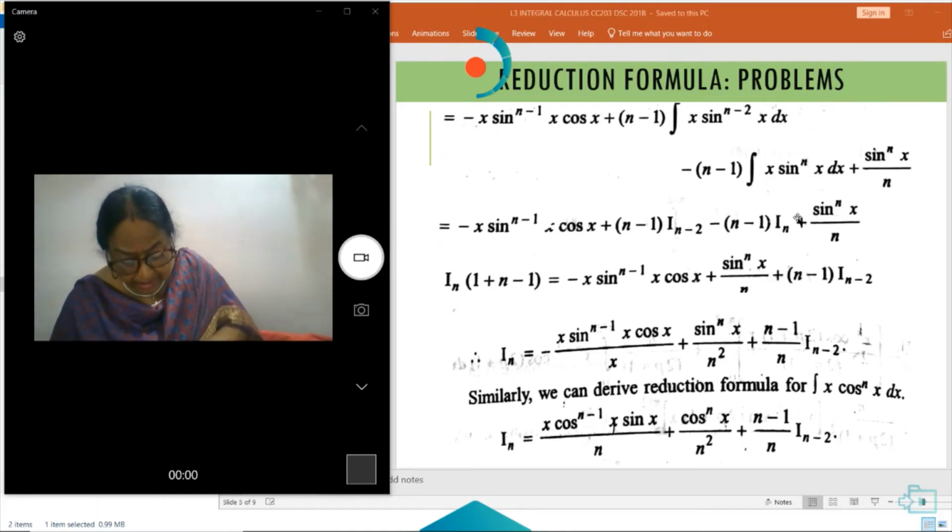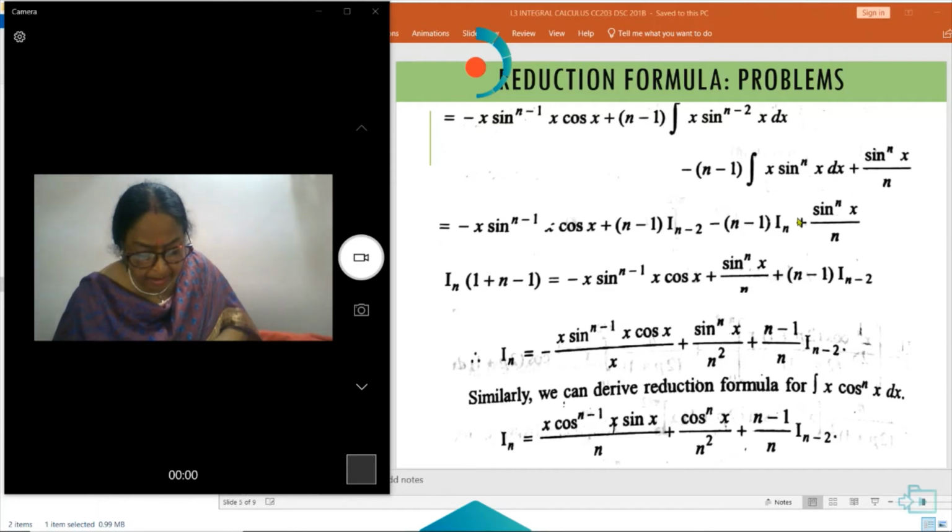So left hand side In is equal to minus x sine n minus 1 x into cos x plus n minus 1, and x sine n minus 2 x can be written as In minus 2, and the next function minus n minus 1 In and plus sine to the power n x by n.